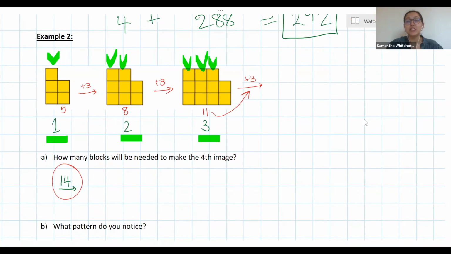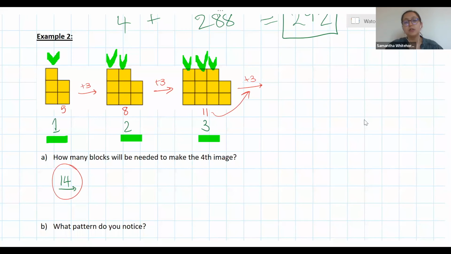We are eventually going to lead up to it, but I suppose you've got 2 options. Option 1 is keep adding 3 until you get to the image you want. But that becomes a problem if I say to you the 50th image. You don't want to add 3 50 times to get there. So what we need to do is find a rule or an equation that will allow me to figure out any value in my sequence.